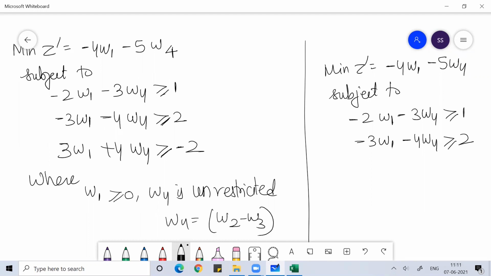If I change the sign, I can write 3W1 minus 4W4 less than or equal to 2. Can you understand this? I hope you know the basics of maths: if you multiply minus 1 to both LHS and RHS, the inequality sign will change. So where W1 is greater than or equal to 0, W4 is unrestricted.